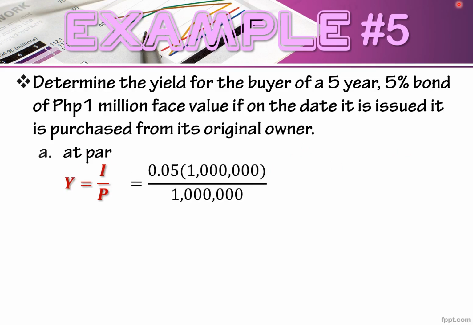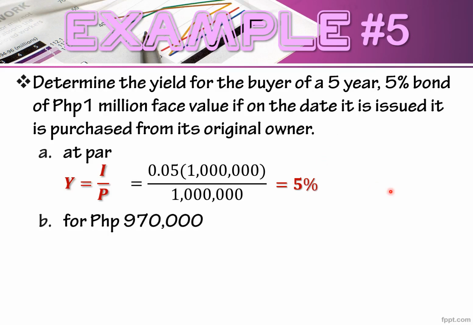Interest is equal to the rate times the face value. So that will be 0.05 times the 1 million divided by the purchase price, which is also at par. So when we say at par, it is the same as the face value. So this will be equal to 5%. Okay? So it is the same because it is at par.